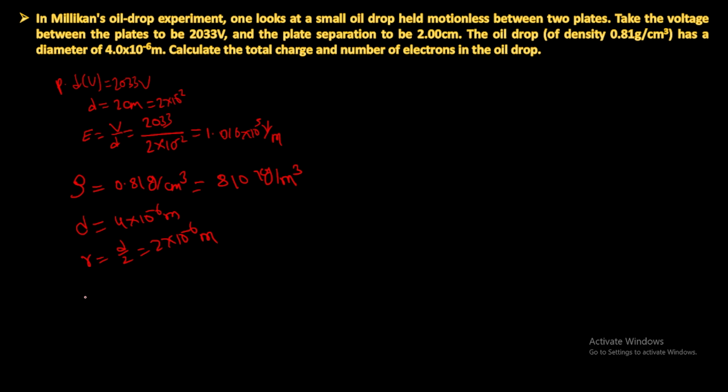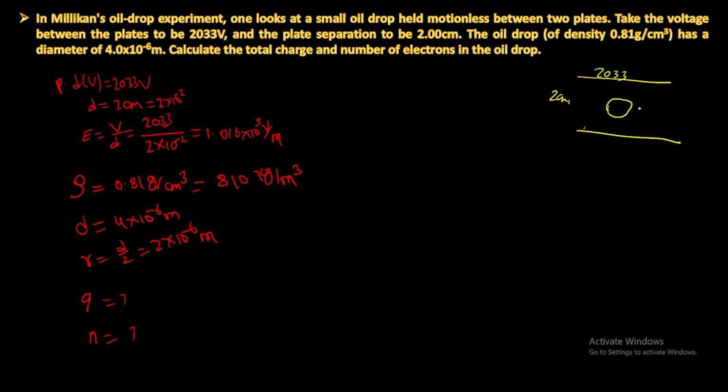Now the question is, we have to find the total charge Q and the number of electrons N, the quantization of charge as well, right? Whenever there are two parallel plates and the oil drop is found to be motionless between them, the potential difference is 2033 volt, separated by 2 centimeter, and the parameters of the oil drop are given.